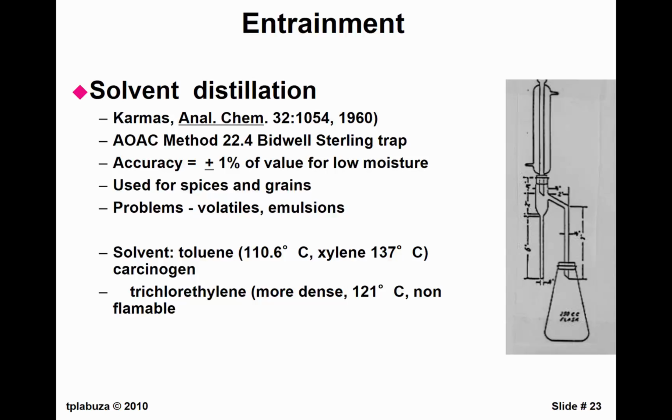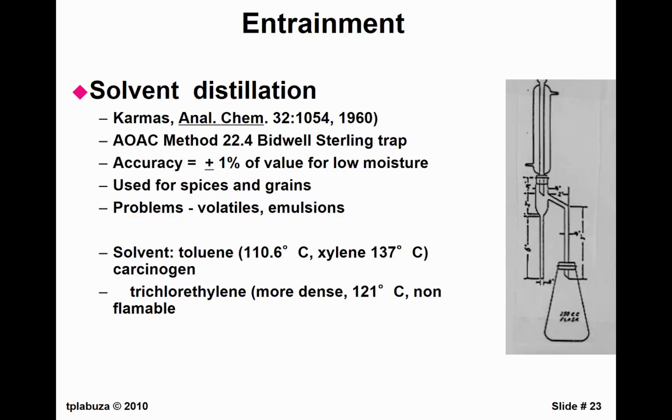One typical thing that was done in the 50s and 60s, and I'm not sure anybody does it anymore, is you put your sample in here, and you add toluene to the sample, and then you heat it up to distill it, and you get an azeotropic formation. So the toluene and the water go up, and they go into this portion.